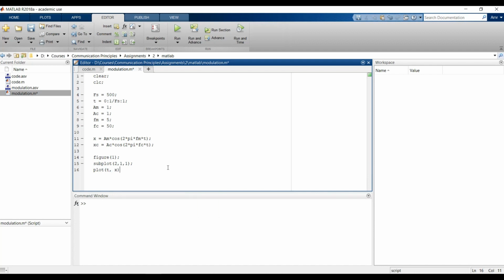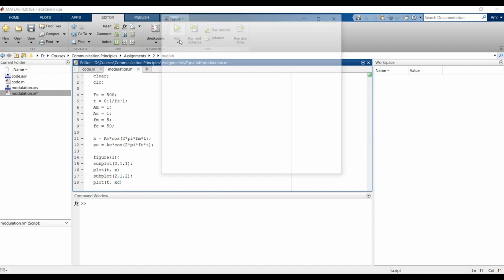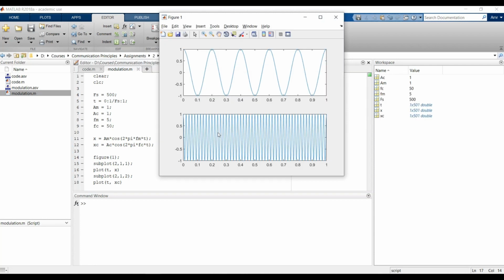And then I want to plot the carrier signal, the same thing, except here it is xc, and this one is 2. There we are. So as you can see here, we have our modulating signal and our carrier signal.